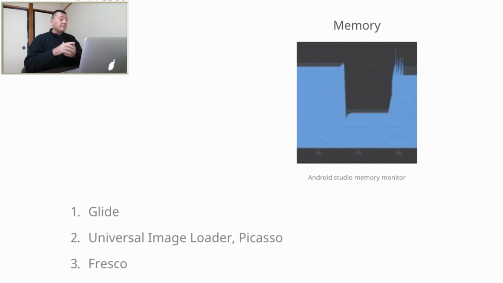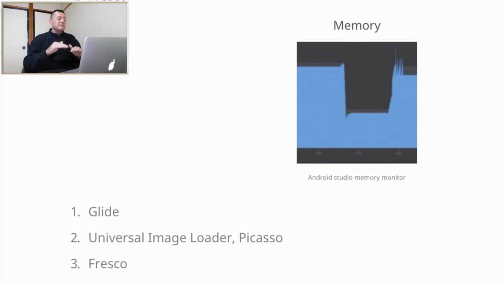Moving across to the memory consumption, Glide finished top. Glide consumed less memory compared to the other image loading libraries. So Glide started off consuming the least, and when you scrolled up and down, its maximum consumption was minimal compared to all the others. And that's followed at number 2 by the Universal Image Loader and Picasso.